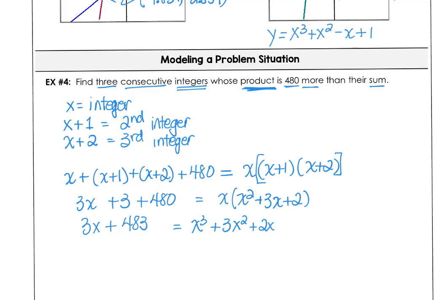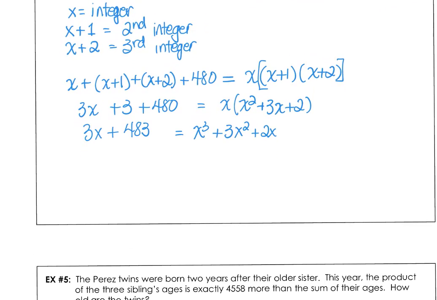So now we want to collect everything on one side of the equation. So I'm going to put everything on the left. That's going to be x cubed plus 3x squared plus 2x.